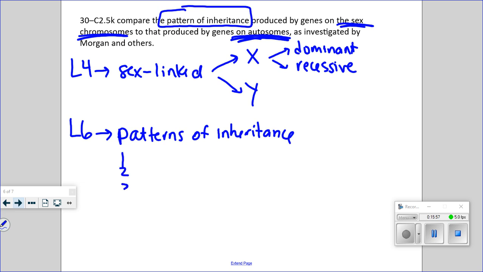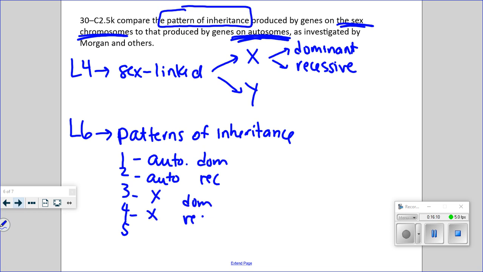There were 5: autosomal dominant, autosomal recessive, X-linked dominant, X-linked recessive, and Y-linked. For each of those, there's proof that we went over yesterday and the day before, and that I assume you looked at in your notes to do the review question today, that helps you determine which pattern you're seeing.